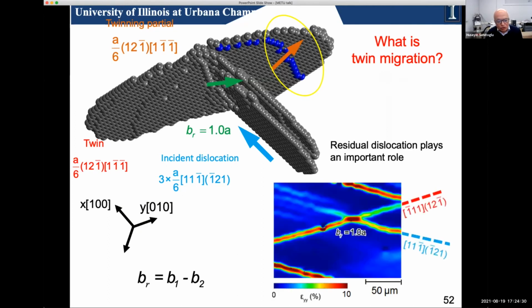Here B1 is the incoming dislocation, B2 is the outgoing, and the residual is what's left at the boundary. We can determine the direction of that dislocation, since the Burgers vector has to be conserved, but we don't know the plane. And that's what we're working on.